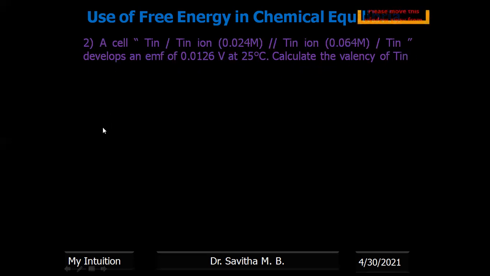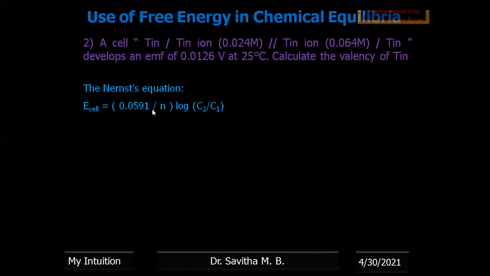Okay, now we know the E cell of this cell. Now writing the Nernst equation, we have E cell is equal to 0.0591 because 25 degrees is standard temperature, divided by n log of C2 by C1. E cell is given, 0.0126.